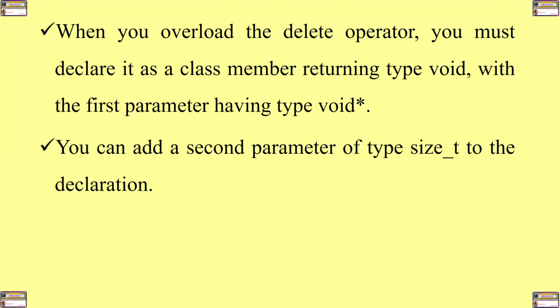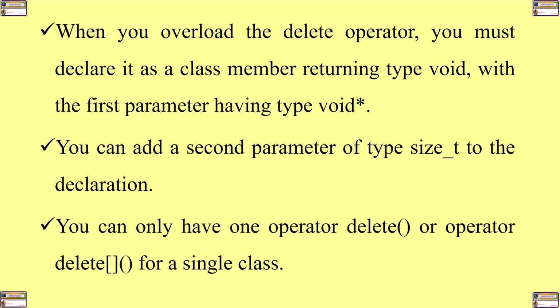You can add a second parameter of type size_t to the declaration. You can only have one delete function for a single object or for an array structure for a single class.